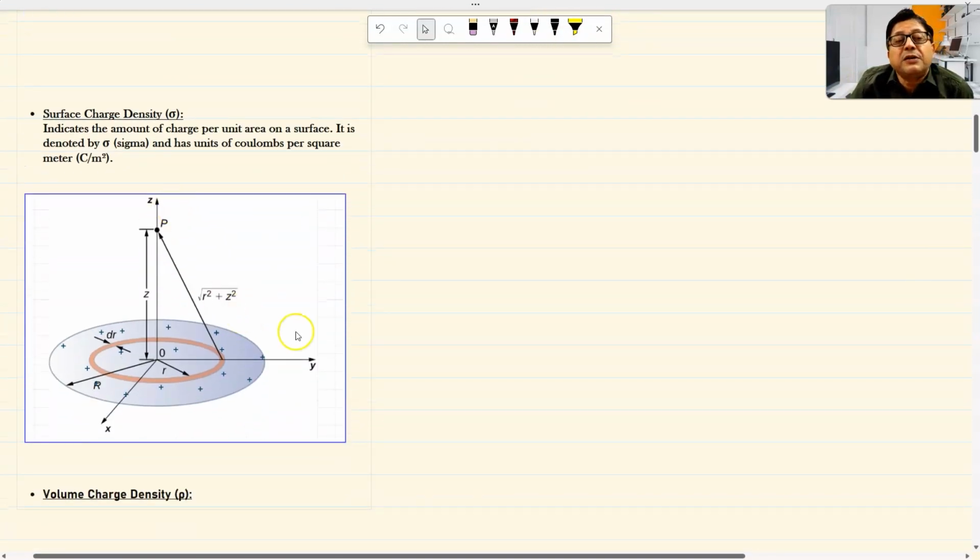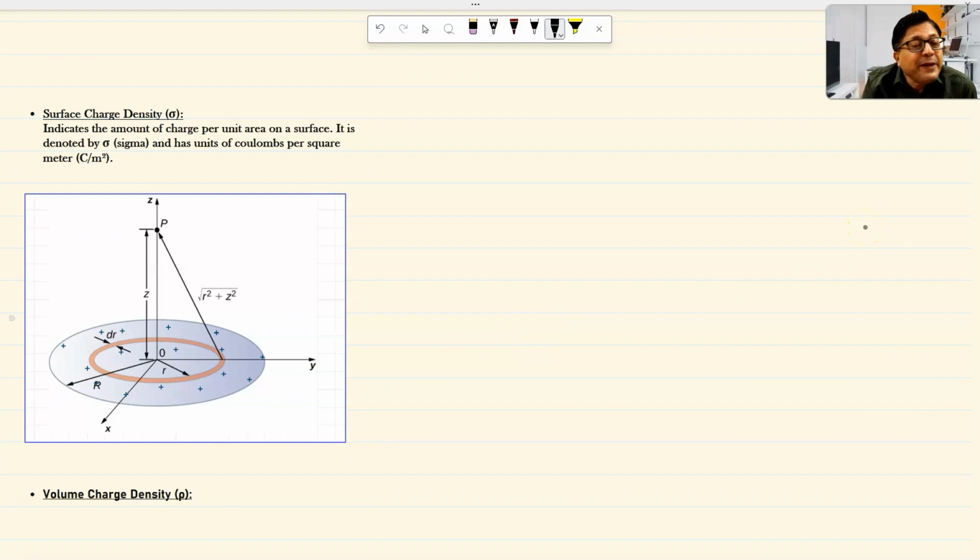Let us see what is surface density of charge. In this picture you can see that there is a disc. It is charged uniformly. Charged uniformly means per unit area, charge will remain the same throughout the surface of the disc.